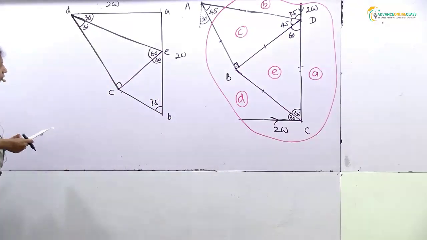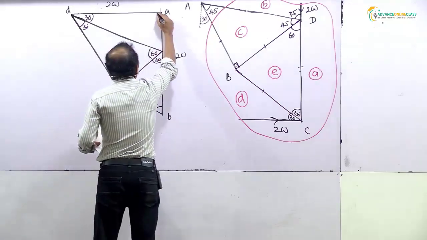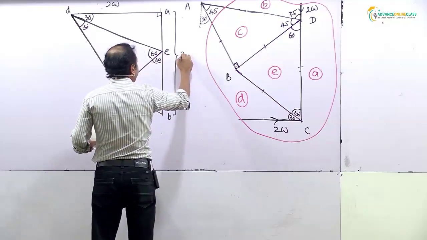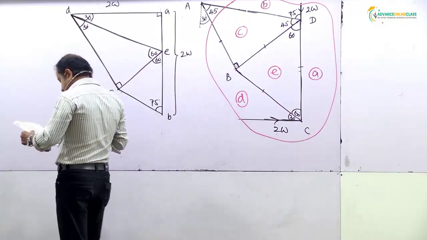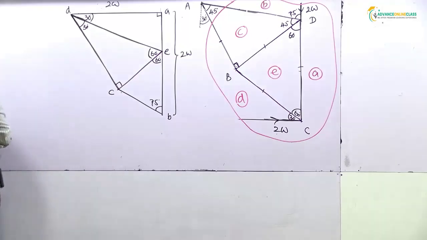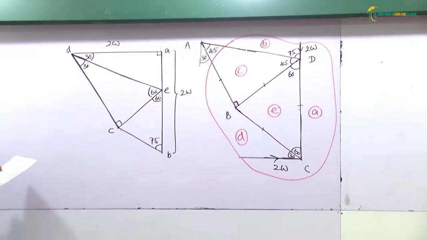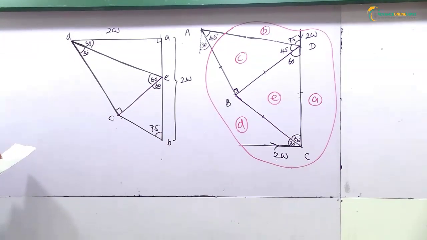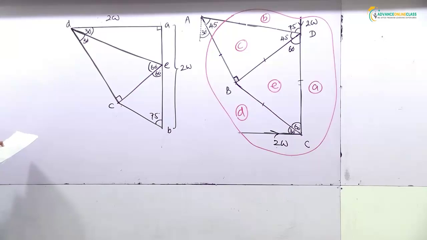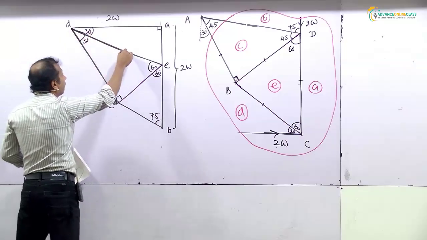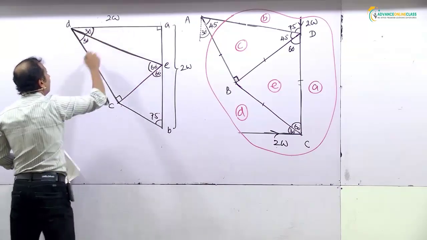Okay, this whole thing is 2W. Right here, DE cos 30. 2W, no?